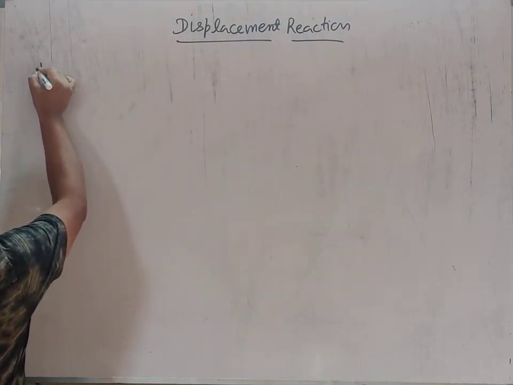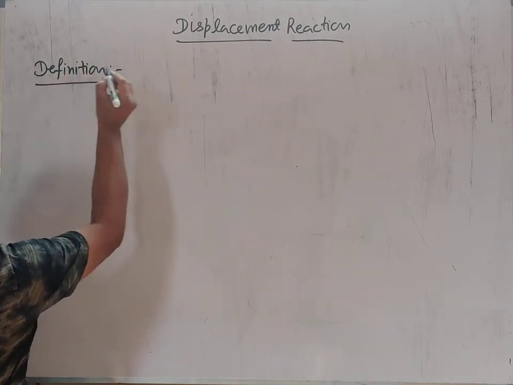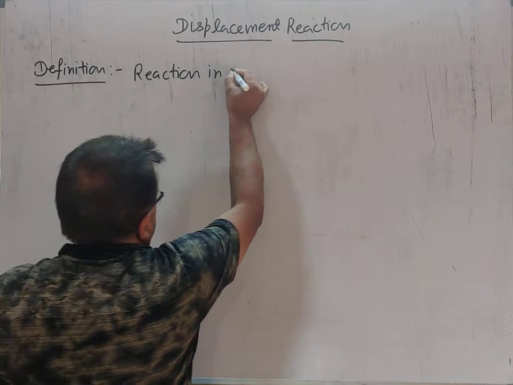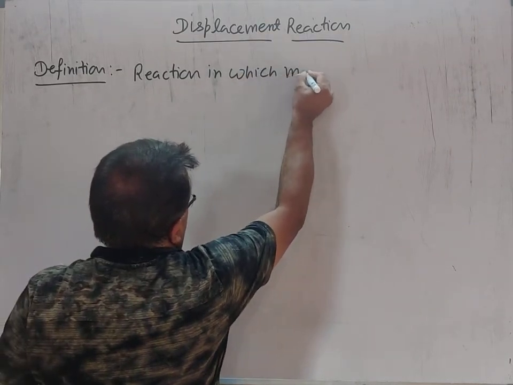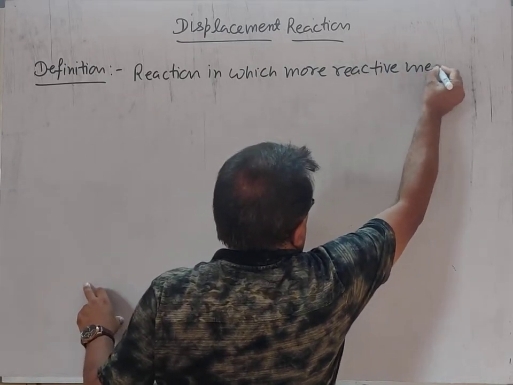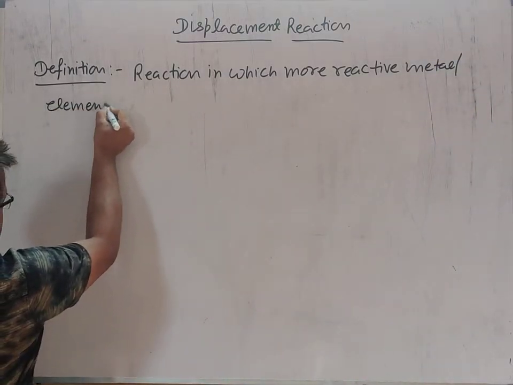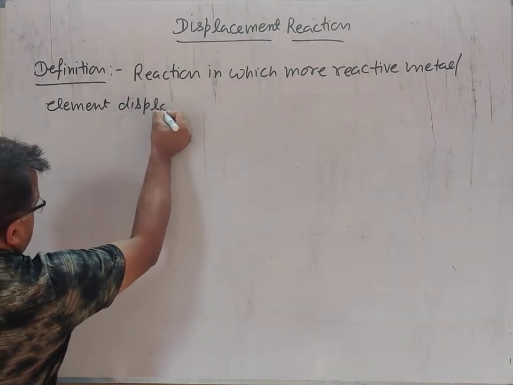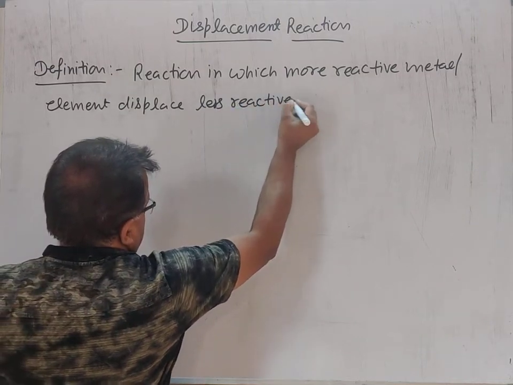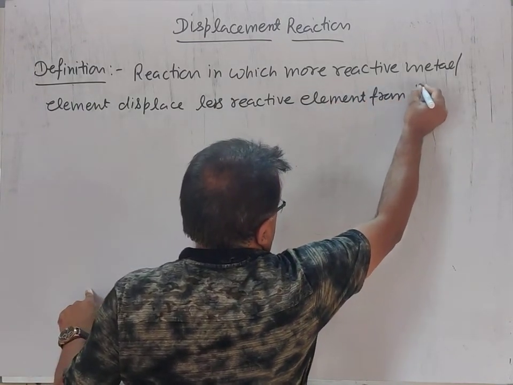Definition is: a reaction in which a more reactive metal or element displaces a less reactive element from its compound.